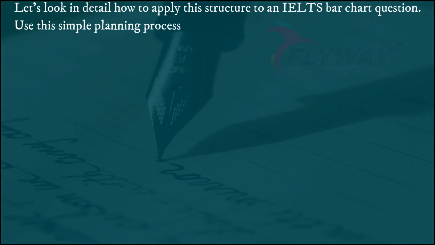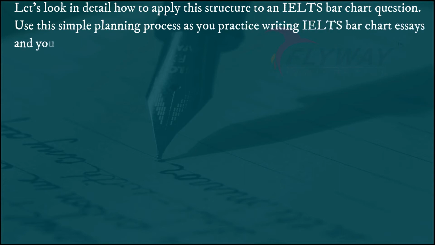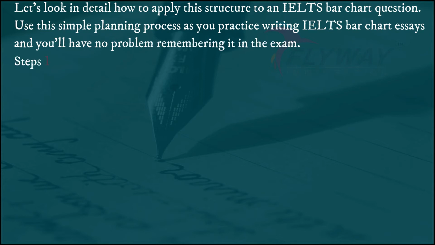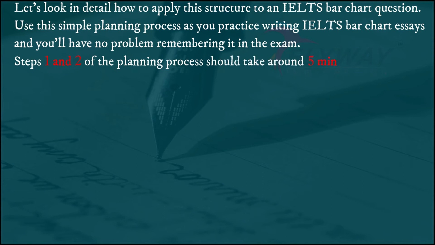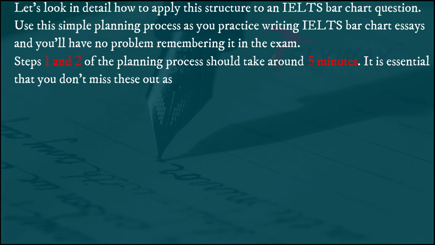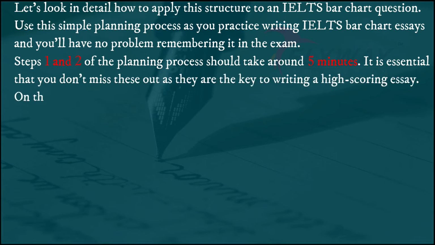Use this simple planning process as you practice writing IELTS bar chart essays, and you will have no problem remembering it in the exam. Steps 1 and 2 of the planning process should take around 5 minutes. It is essential that you don't miss these out as they are the key to writing a high-scoring essay.